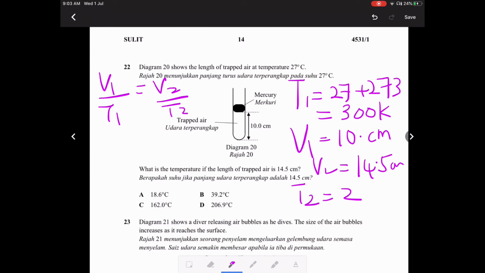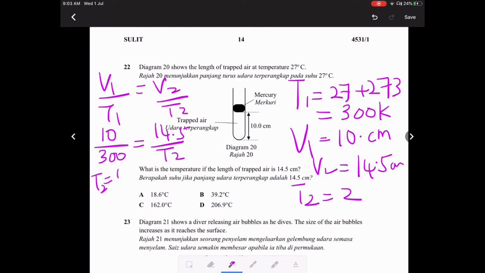Okay, V1 10 per T1 300, sama dengan V2 14.5 per T2, kita tak tahu. So kita kira, 14.5 times 300, divide by 10. So dia dapat 435.